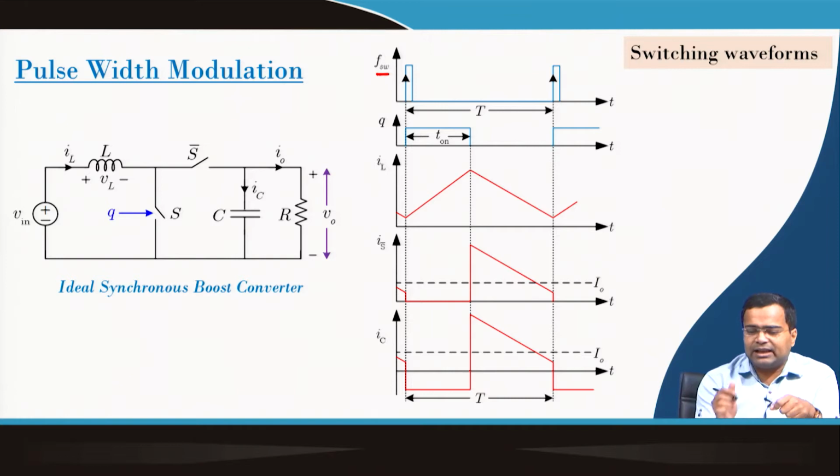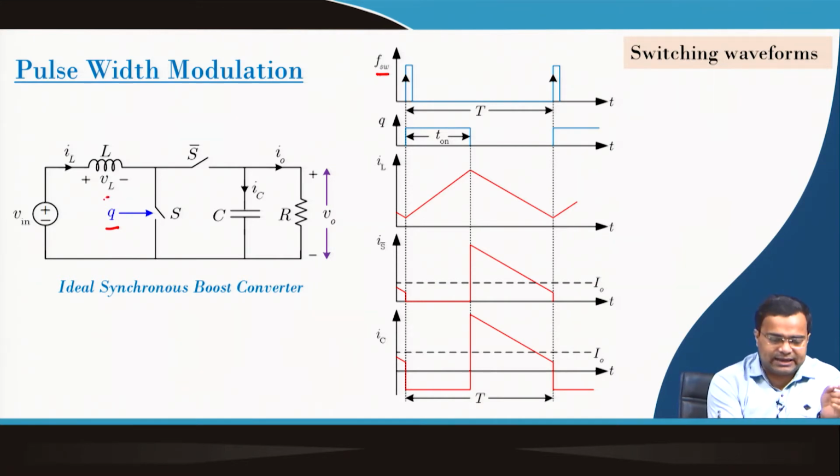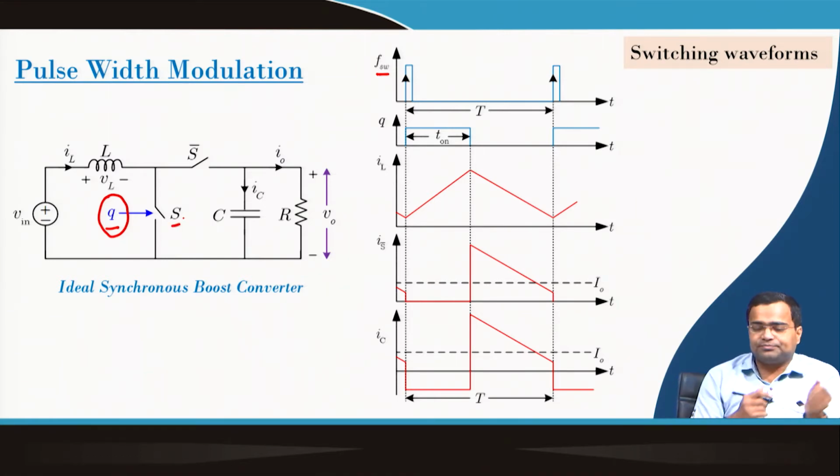So, in general we discuss the switch Q, which is the control switch; here the control switch is S and Q is the gate signal. This is the gate signal of the control switch S, and this low side MOSFET is the controllable switch.